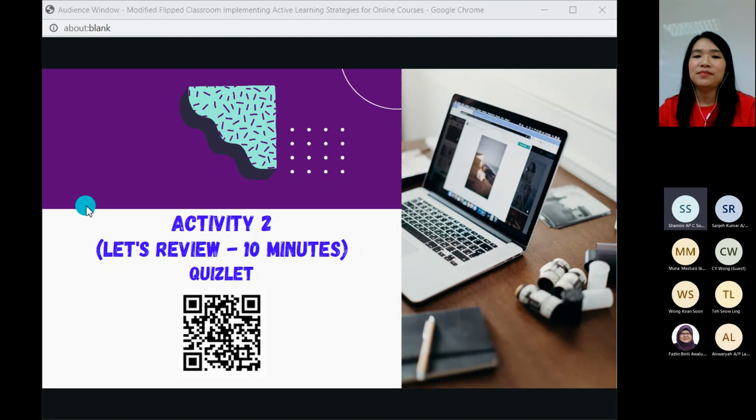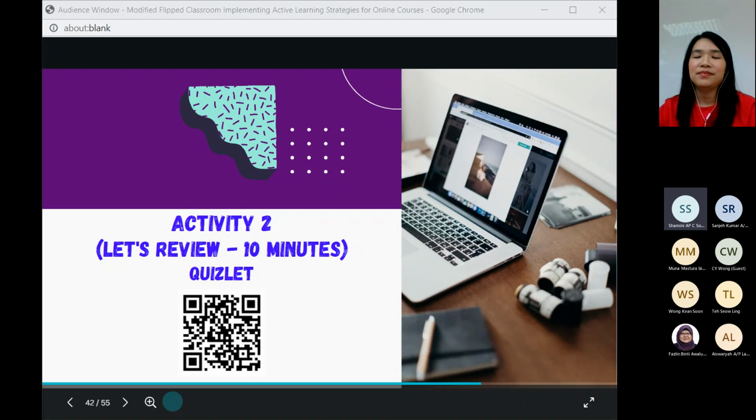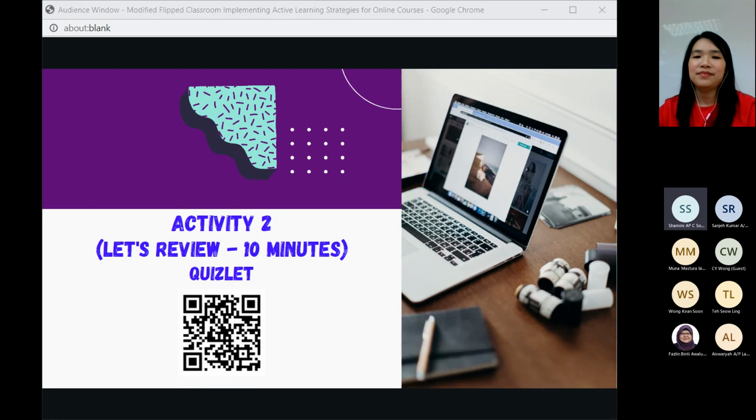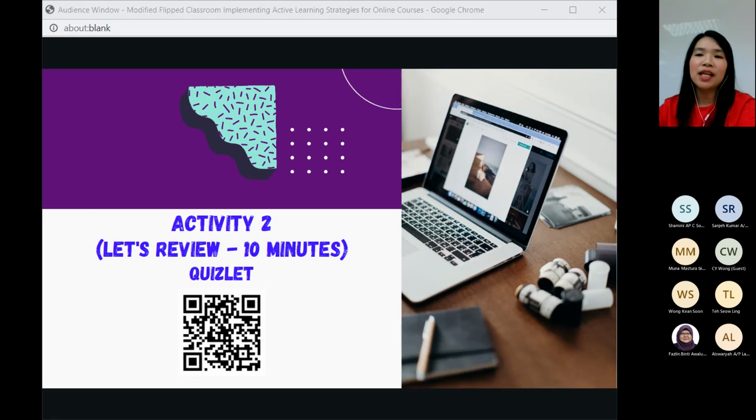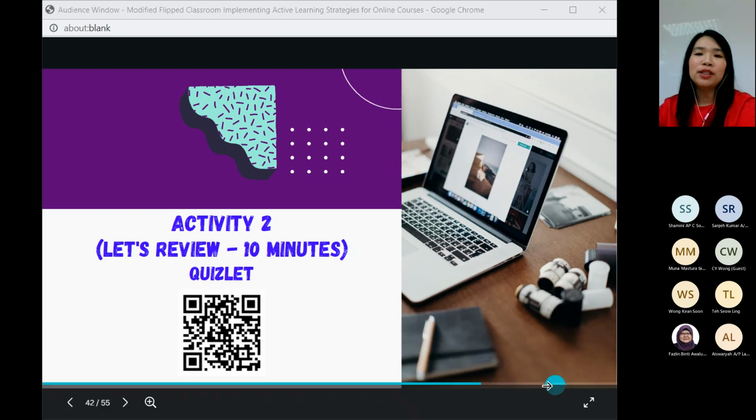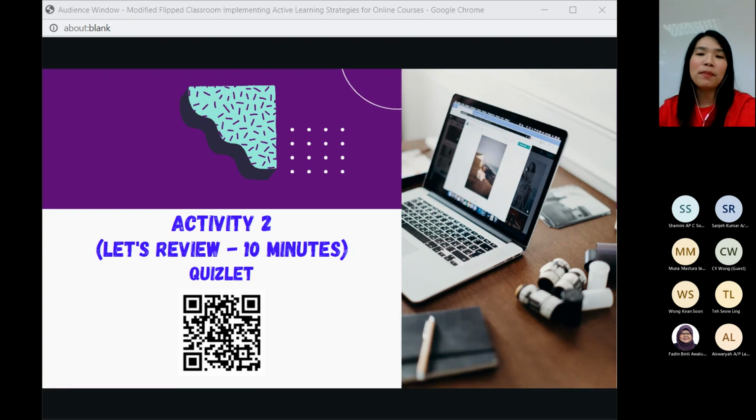Okay. So it's activity 2. Let's review, 10 minutes for Quizlet. So what are they doing for the 10 minutes? They just read. Like I said in my breakout room just now, you learn about the techniques shared by your members in the group only. What about the other rooms?